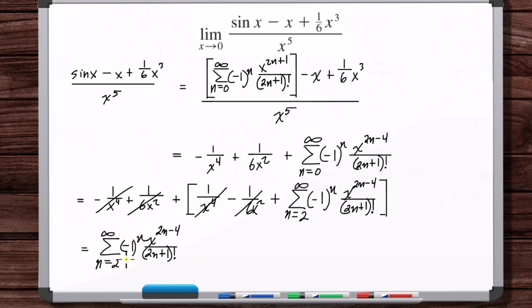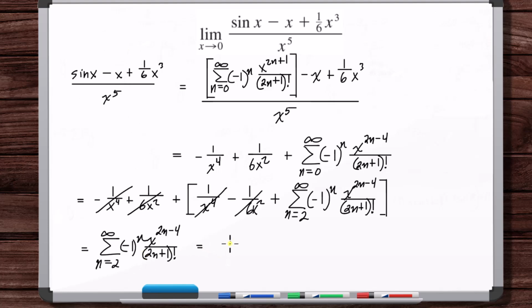Okay, this isn't a power series, but once we've done simplifying, when n is equal to 2, you've got x to the 0. So this is a power series. We started with a power series, we did all kinds of side algebra, and we got a power series in the end. So we can say that this function is equal to this.